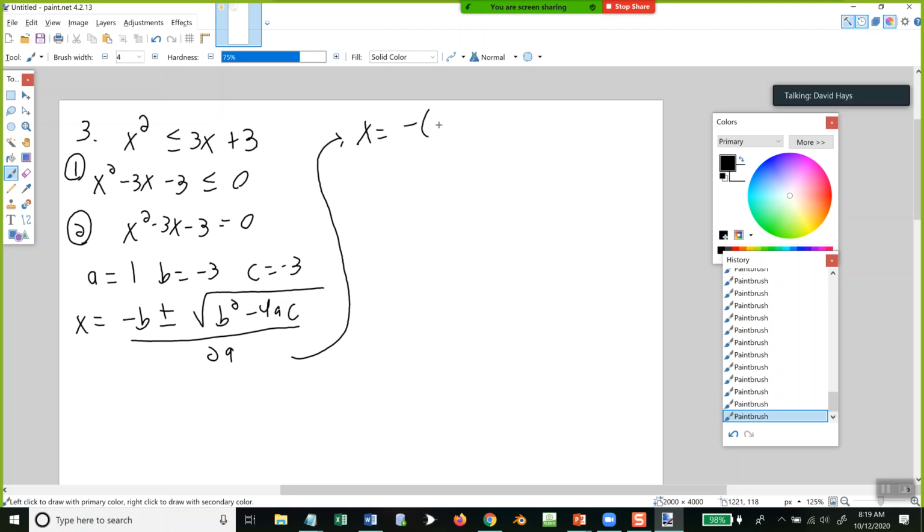We're going to have negative 3 plus or minus square root of negative 3 squared minus 4 times a, which is 1, times c, which is negative 3, all over 2a.